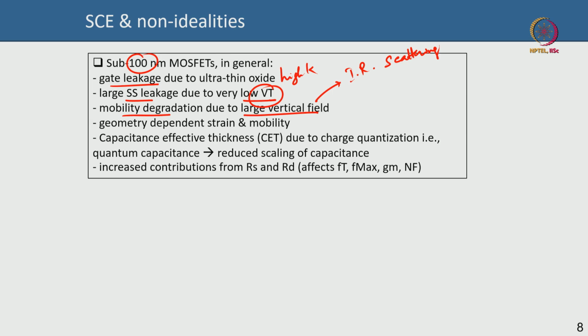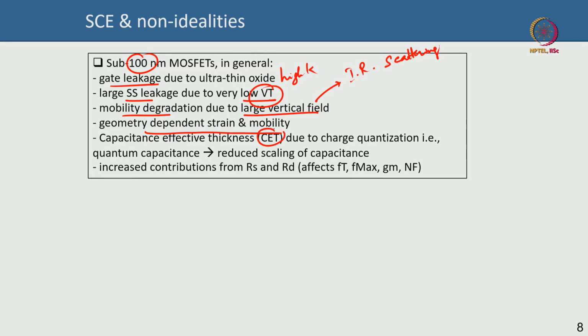So the interface roughness scattering becomes more predominant over acoustic phonon scattering, which are the two main dominant scattering mechanisms. So mobility will degrade because of a large vertical field. There is also geometry dependent strain mobility. The way you define the device geometry, we will see, can also define the strain that you have, and the mobility that you have. The device geometry is very important in actual design. So one has to take that into account also.